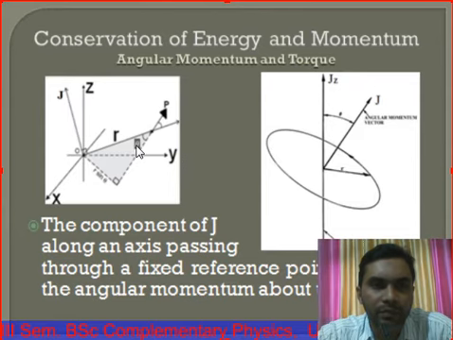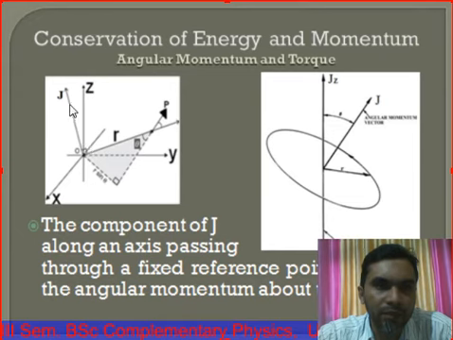Maybe one of them may be in the xy plane, but here we can see r is not in the xy plane, and p is also not in the xy plane. So r cross p will be a vector perpendicular to the plane containing r and p, and that vector is represented by this j. So here the angular momentum is in a general direction. It means that it is not exactly along the x, y or z direction.